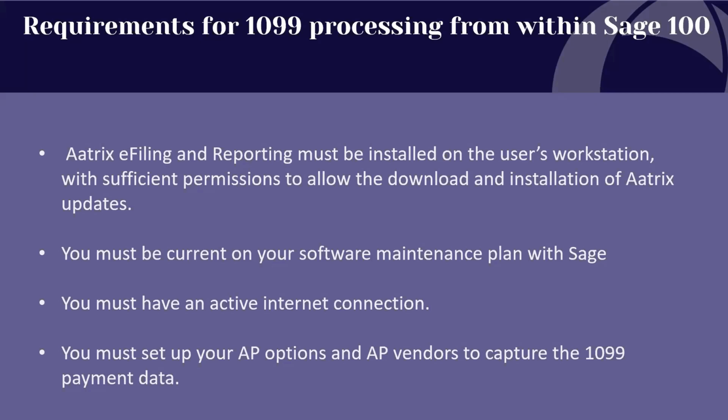Okay, and as I mentioned earlier, you must be current on your software maintenance plan with Sage. If you're not, then when you try to run it, it'll give you that notification. And you do have to have an active internet connection, because you've got that portion of the 1099 program that works on your computer, but then the information gets transferred and it actually gets processed on the Atrix system.